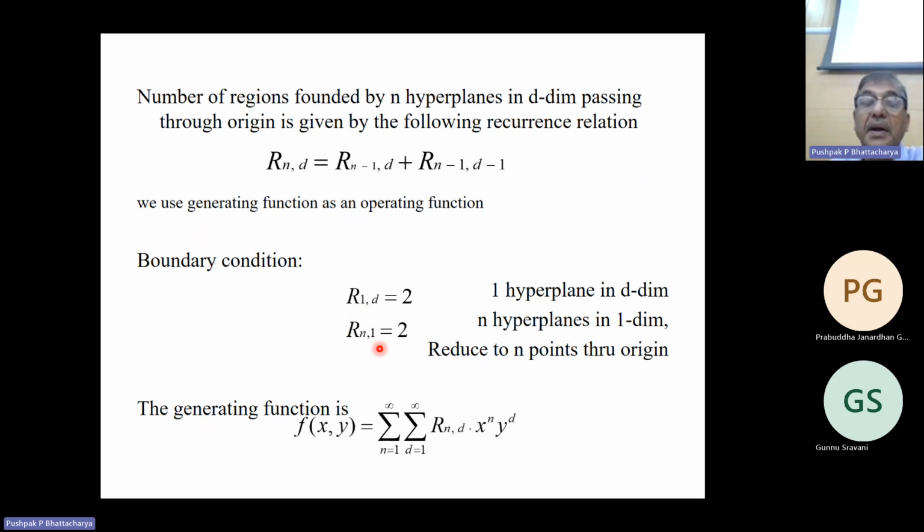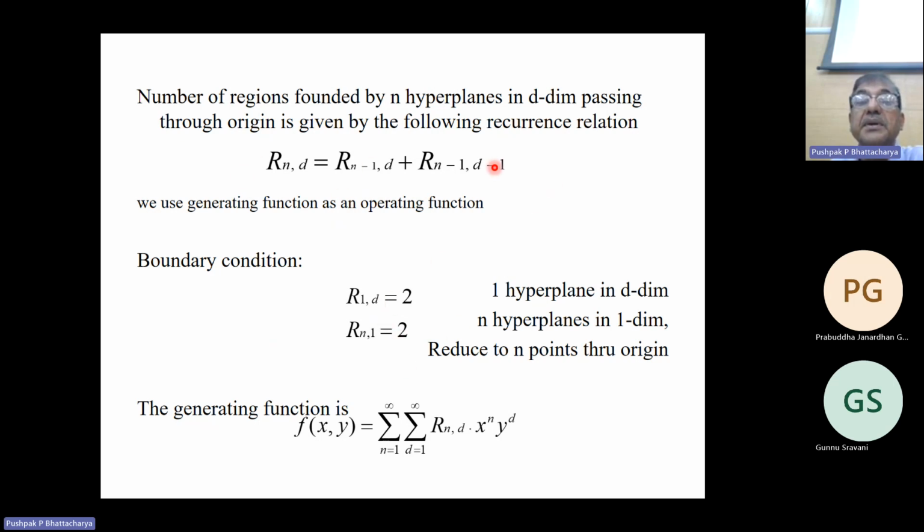And R(n, 1), in the 1-dimensional space, which is a line, the number of regions produced by n hyperplanes, which actually happen to be dots, and all of them pass through the origin, also produces 2 regions. Okay, so the boundary conditions are clear.